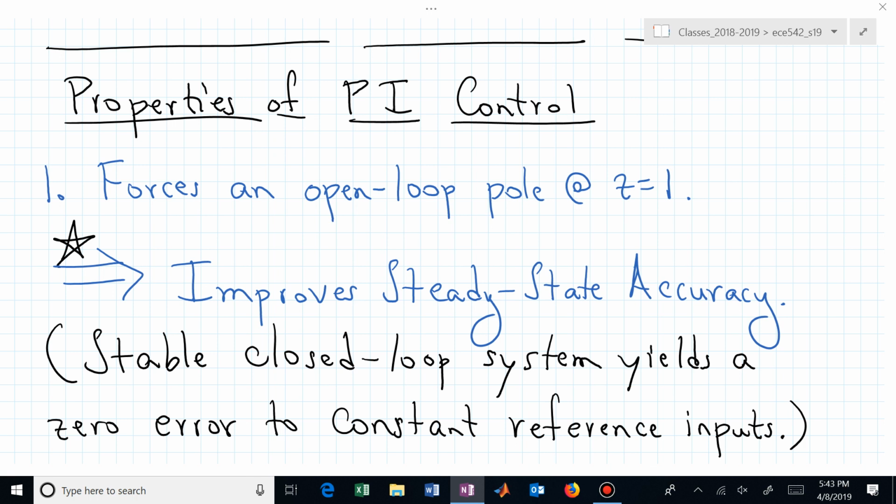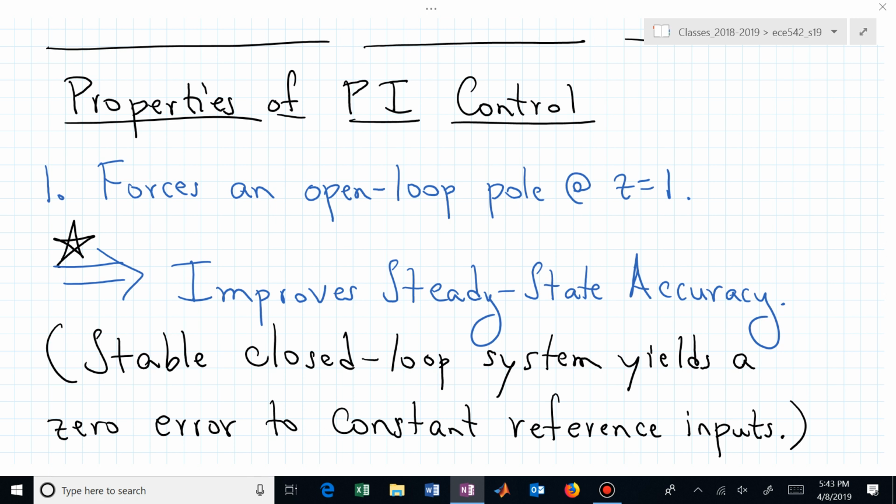We ended up automatically with a pole in this PI controller at z equal to 1. That pole at z equal to 1 actually improves steady state accuracy. And what does it do?